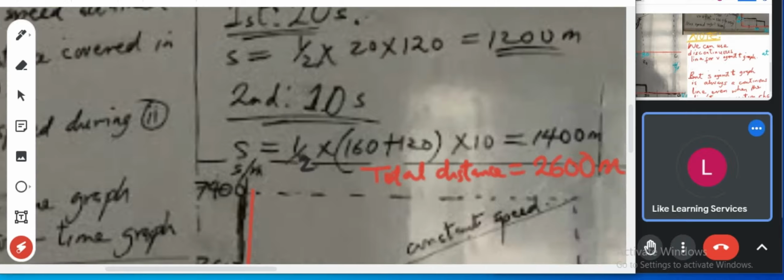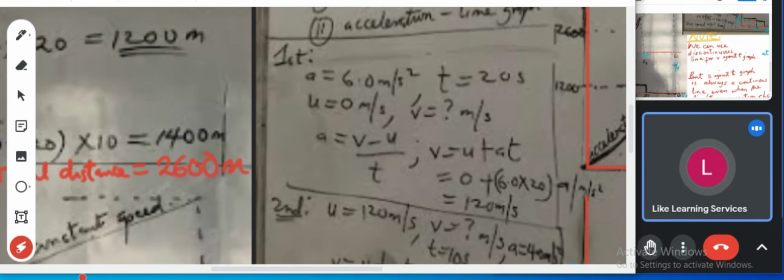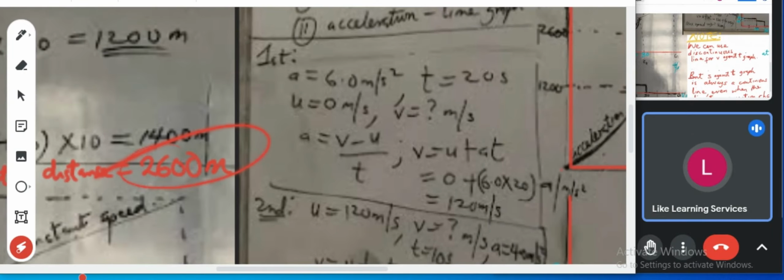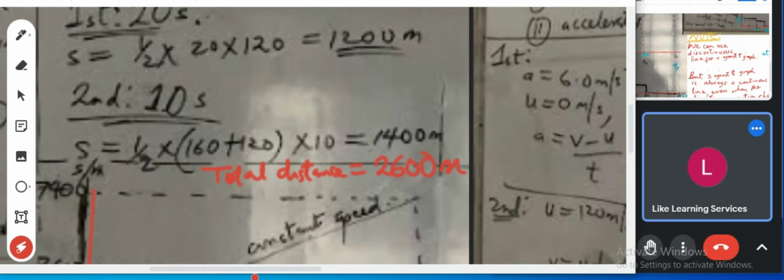Okay, if you're getting that, the next one I want us to talk about is this. First of all, it says the average speed during the 30 seconds. How do you find the average speed? Average speed is total distance over total time, isn't it? So total distance is 2,600 over total time, which is 30. That one is easy, so that would be 2,600 over 30.